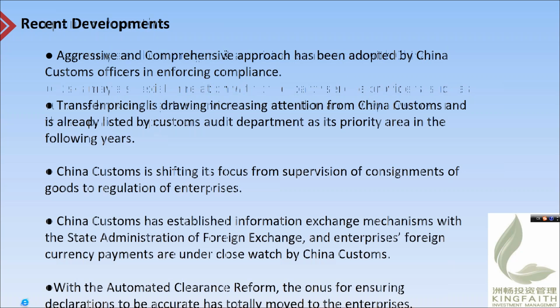Recent developments. As we have been following customs developments in China, we can see obviously the aggressive, comprehensive approach being adopted by China customs officers in enforcing compliance.